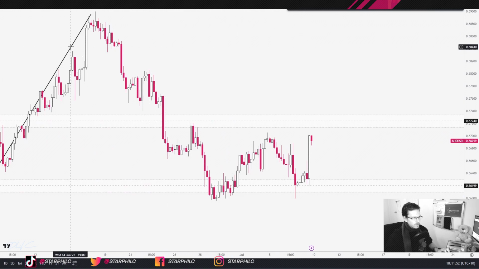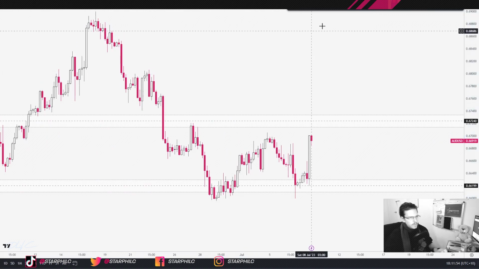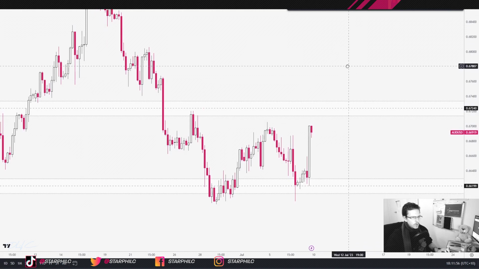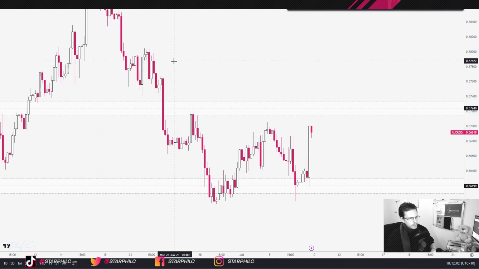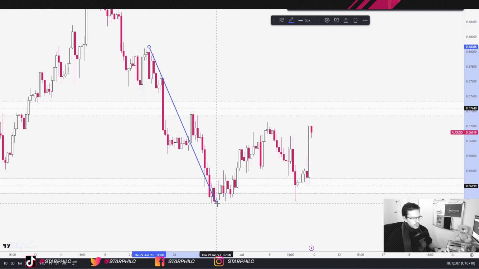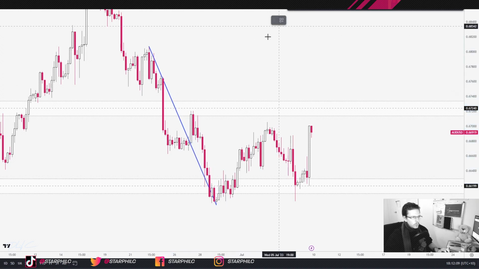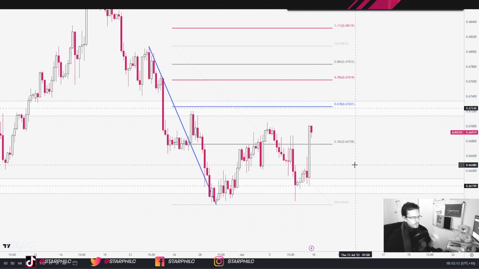So again, it's a similar setup here, staying with the theme of the episode. Here is my high and here is my low. Right there. So let's take our line tool and go from swing high to swing low. We have a Fibonacci retracement like this.